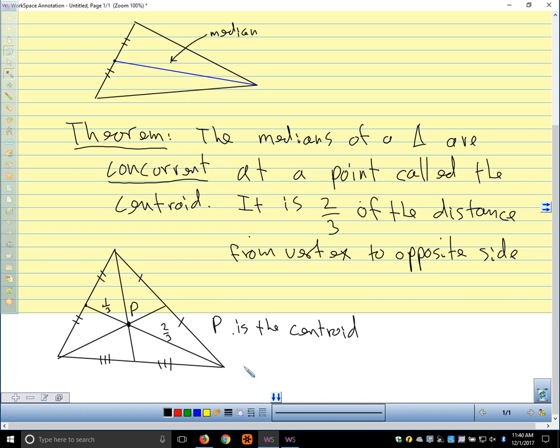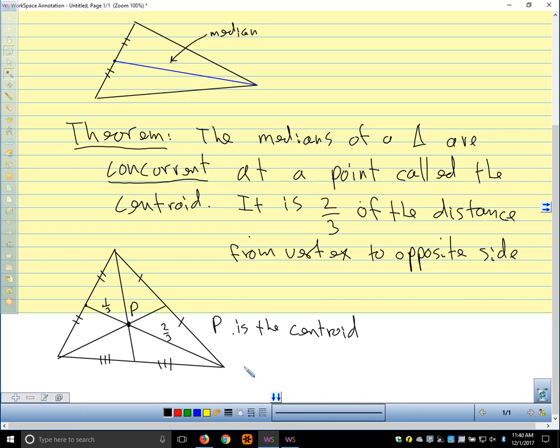The other thing that's special about the centroid is if I drew this triangle out on a piece of cardboard and found the centroid, that's where the cardboard triangle would balance perfectly on the tip of a pencil. So it's the center of mass, the center of gravity, the balance point. Centroids of other shapes are quite a bit more complicated to find.